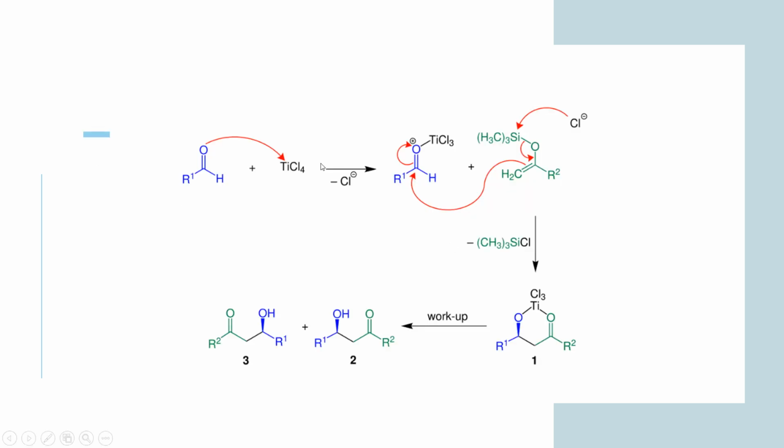So what happens first? The carbonyl compound reacts with the Lewis acid given in the reaction medium, and this oxygen, which is electron rich, is going to donate its lone pair of electrons to the Lewis acid to give you this intermediate compound where the oxygen is going to be coordinated to the Lewis acid.